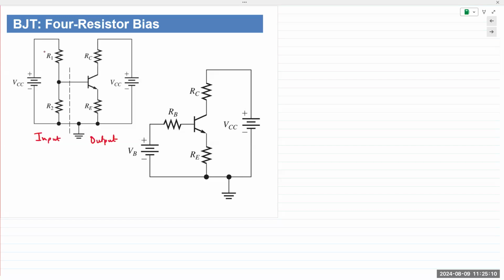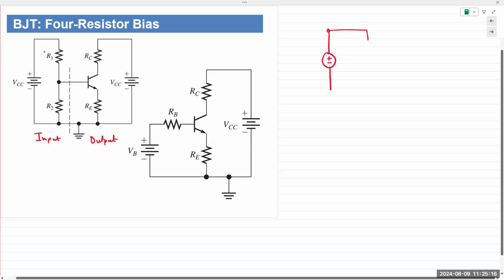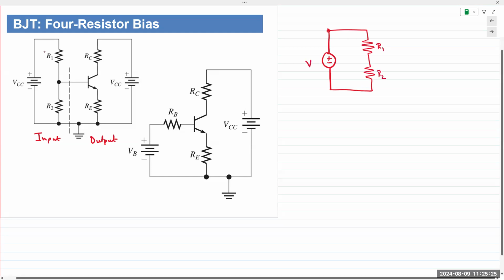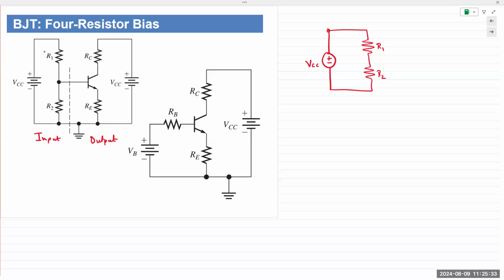You have a DC voltage applied to a series combination of resistors. Voltage in a series combination of resistors or components gets divided, hence the name voltage divider bias.